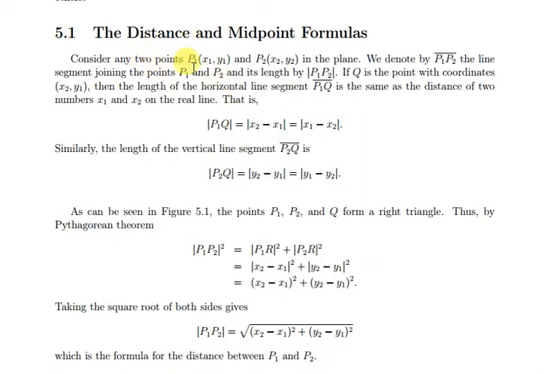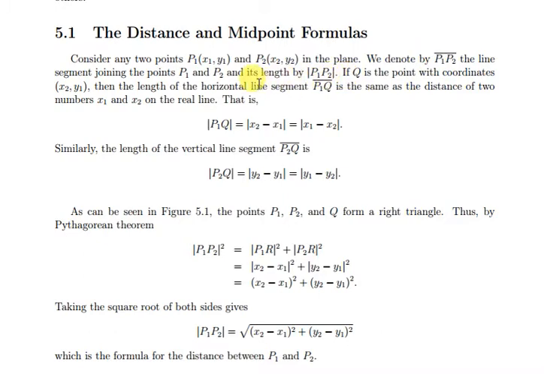The distance and midpoint formulas, I believe, are very familiar to you. They are often discussed in your previous courses, even in senior high. When we say distance, that is the measure of the length between two points, denoted in this notation by P sub 1 P sub 2 bar.